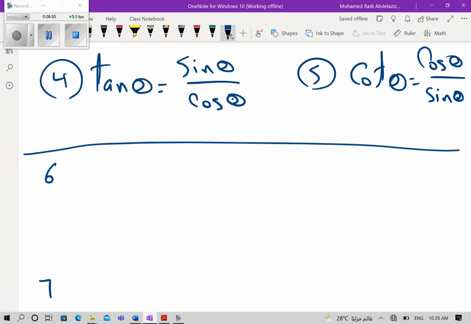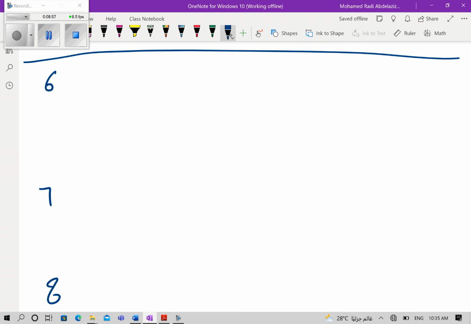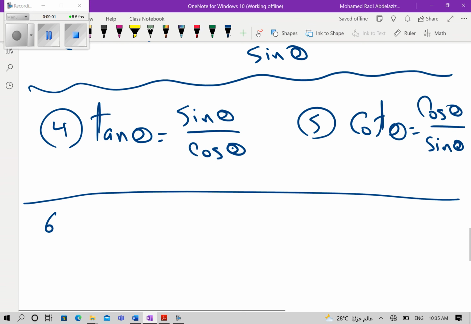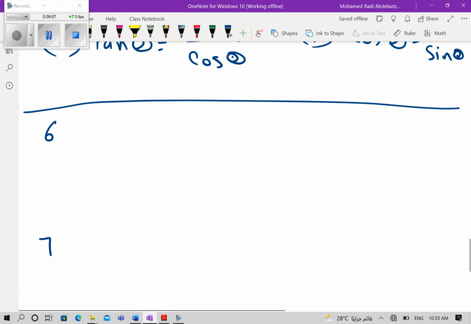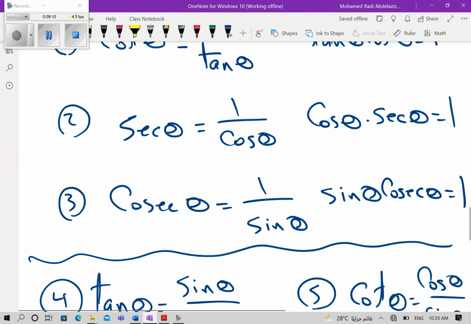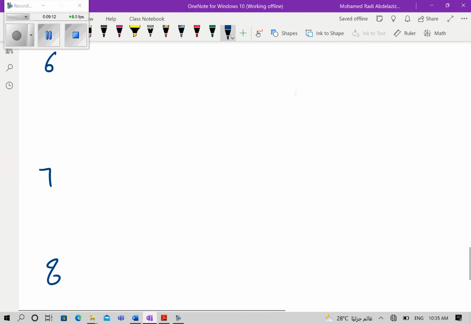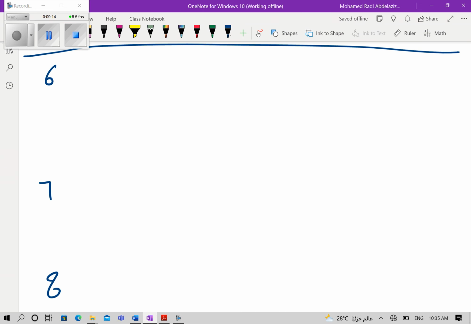6, 7, 8: the squares. Reciprocal, cotan reciprocal of tan. I will send this PDF. We'll record it for the class. 6, 7, and 8: squares.